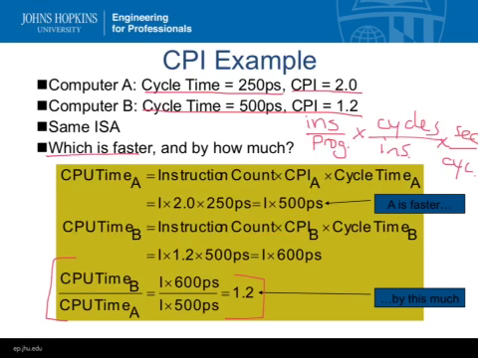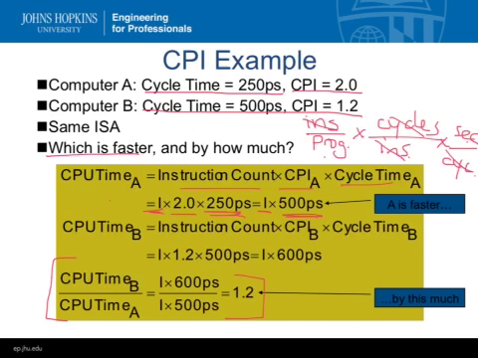So we cancel out instructions, cancel out cycles, and if we multiply the instruction count times the CPI times the cycle time, it's going to give us a number of seconds to run the program. So I is the instruction count, 2 is the CPI for A, and 250 is its cycle time. So however many instructions multiplied by 500 picoseconds, that's how long it's going to take computer A to run the program.